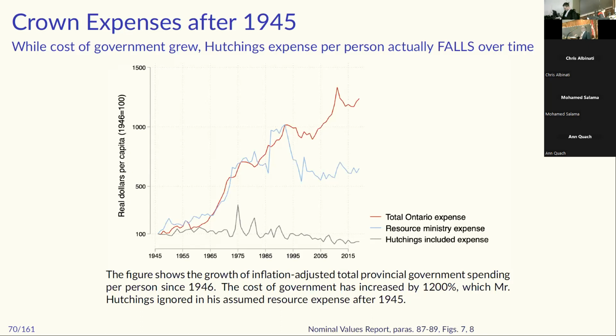His spending in inflation adjusted per person terms is getting smaller over time. So not only does he not capture the Beaumont effect driving up the cost of government, his accounts actually go in the other direction. The only presumption that could support that declining cost, in my opinion, is that the government could keep doing the same thing, because that's what he's trying to capture, at a lower cost than before.